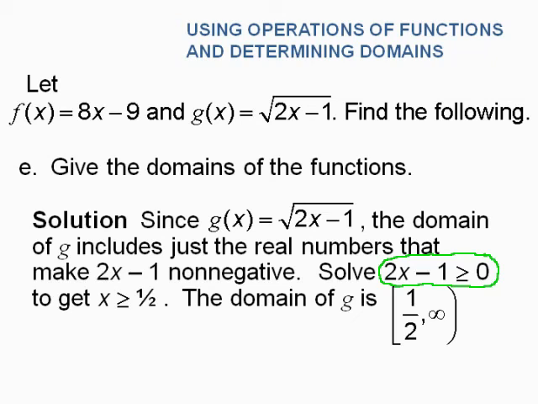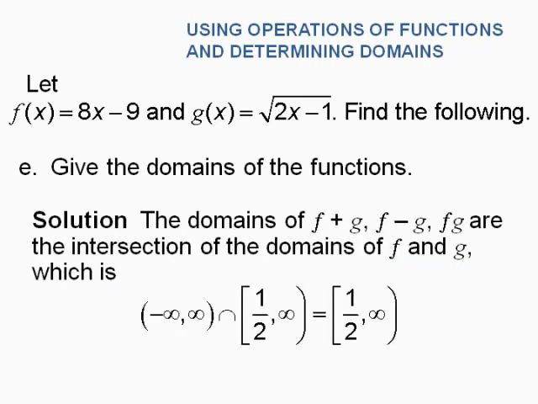If we solve for x, let's show the steps. We'll add 1 to both sides, and you never thought we'd see these inequalities again. Divide by 2. So notice the x values would be greater than or equal to 1/2, and the domain of g of x is, in interval notation, 1/2 to infinity. Now, why the bracket? Includes.